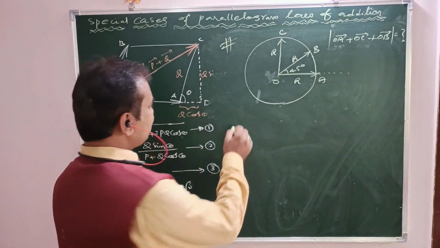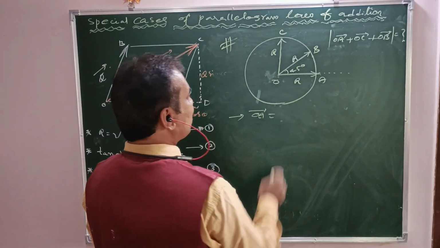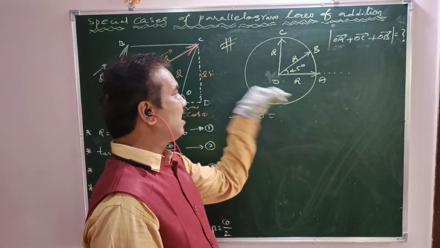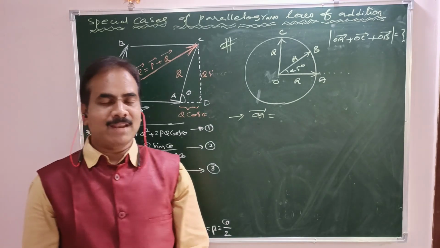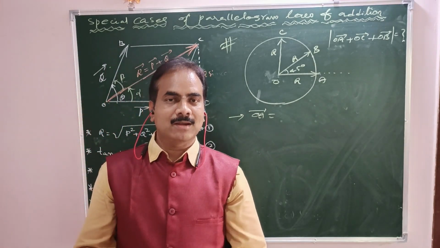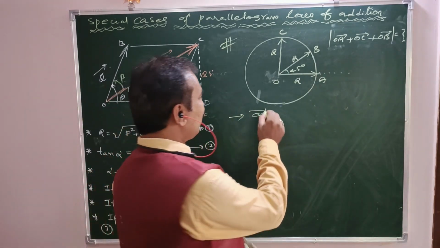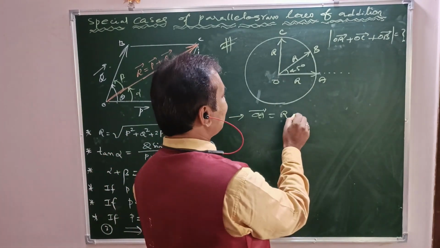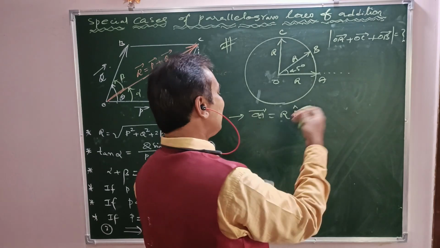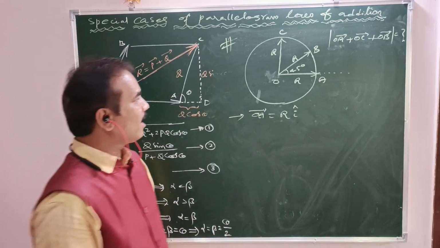Let us see. OA bar equals, see, the direction of OA bar is the x-axis. How to get a vector? By multiplication of its magnitude with direction. See, what is the magnitude of each vector? R. What is the direction of OA bar? That is the x-axis. What is the unit vector along x? That is i cap, R i cap.